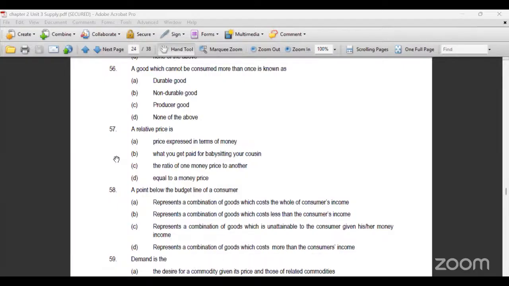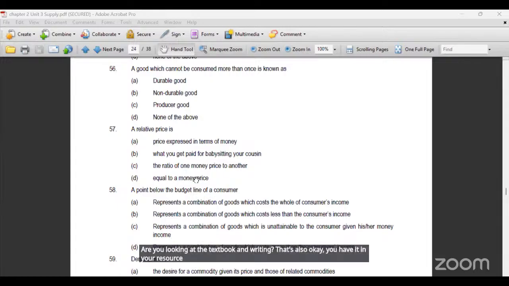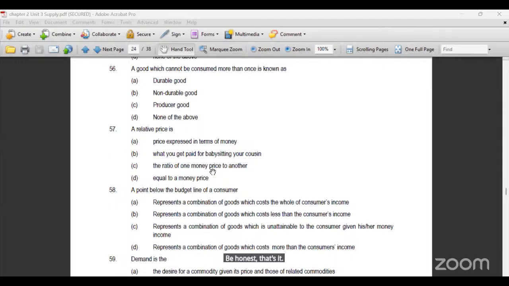That's also okay. You have it in your resource material, but the only thing is that don't look into the answers when you are writing. Be honest, that's it.